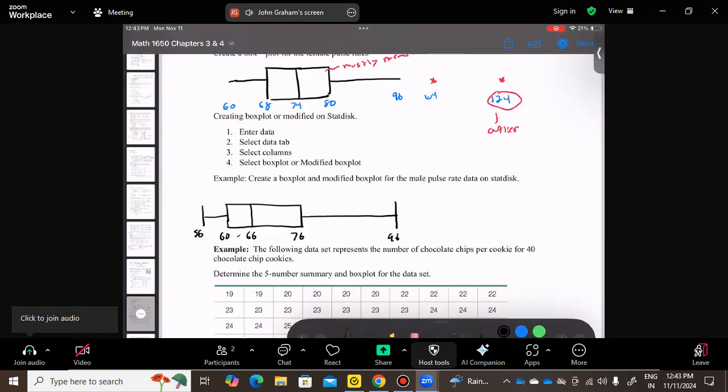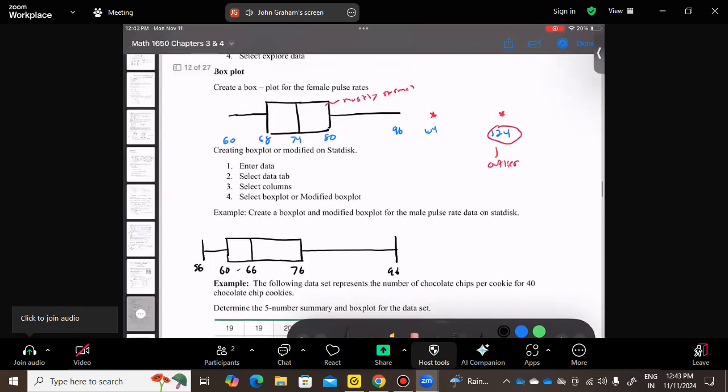So I drew it in comparison with the female pulse rates. We can see our maximum is at the maximum for the female when you take out the two outliers. Our minimum is below the female minimum. Matter of fact, our median is below our female's Q1 even. This is less normal.